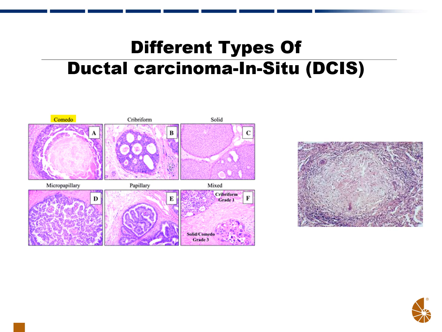The reason I wanted to show the picture here is the comedo type is located to the far left on top, and it looks almost like a necrotic area in the center of that purple circle, if you see what I'm talking about. And then there are the other types: cribriform, solid, papillary, mixed.